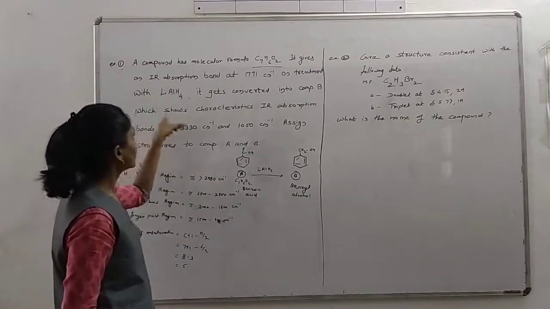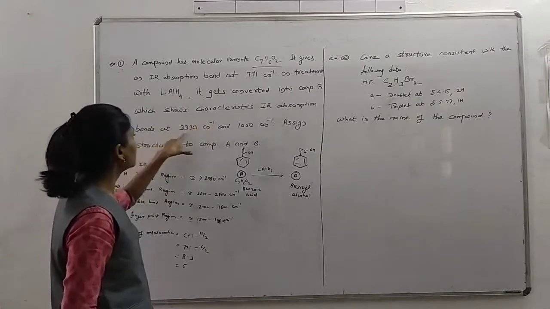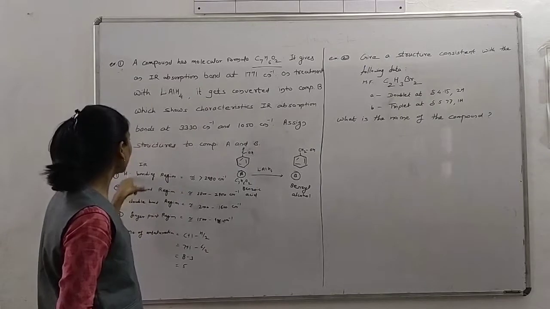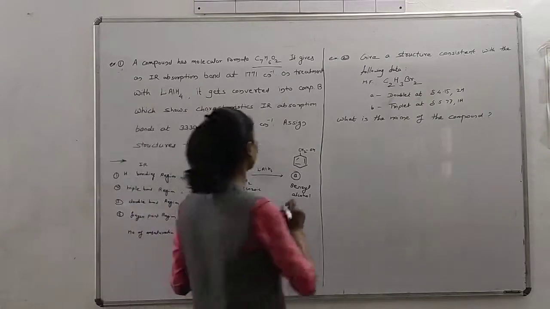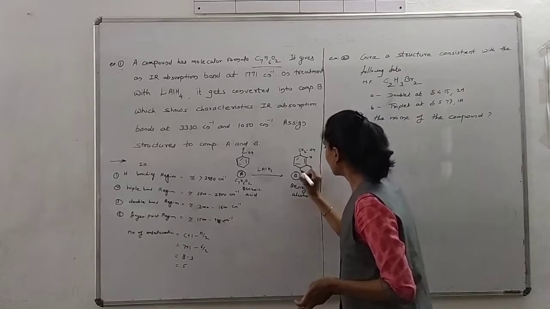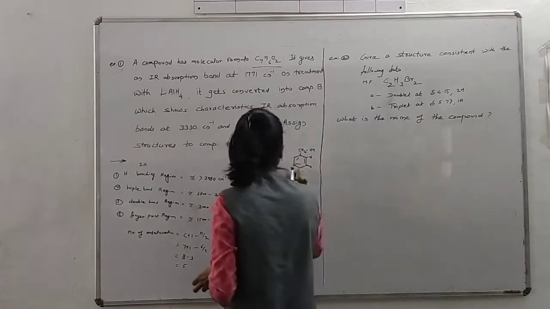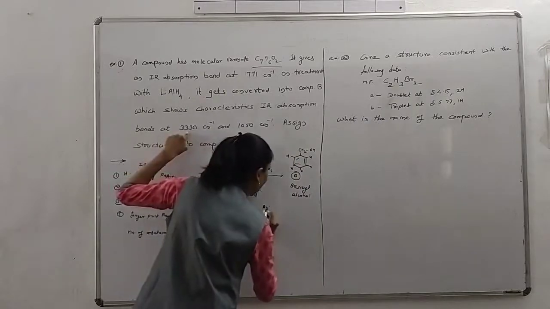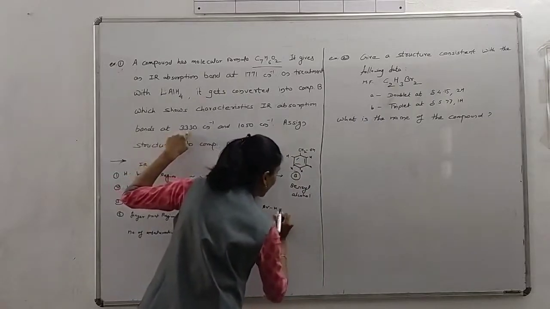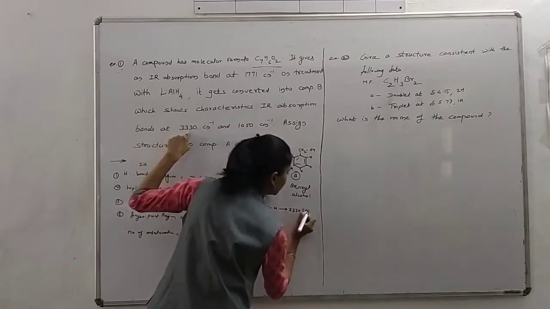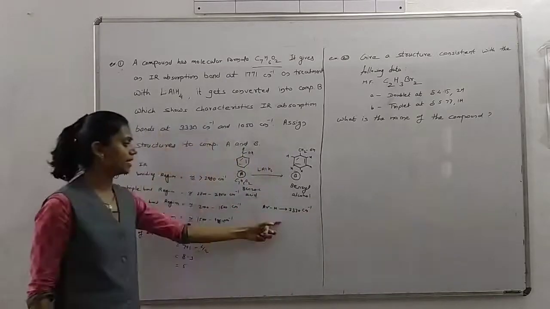What is the absorption band? 3330 per centimeter is for the hydrogen region, which is the aromatic CH. The aromatic proton shows a band at 3330 per centimeter.